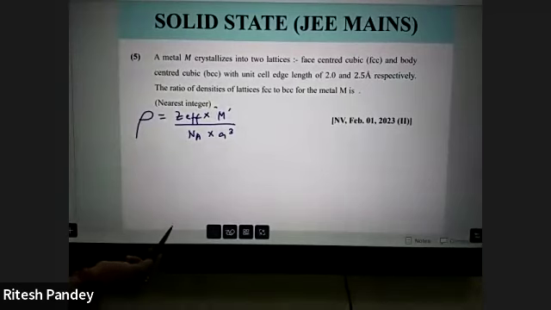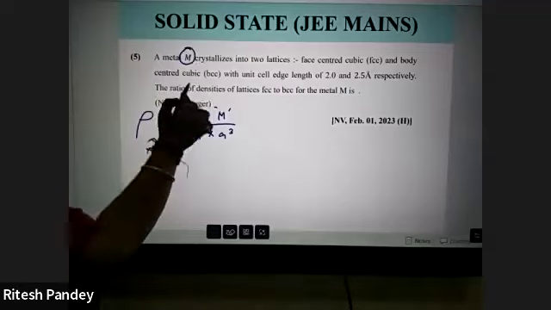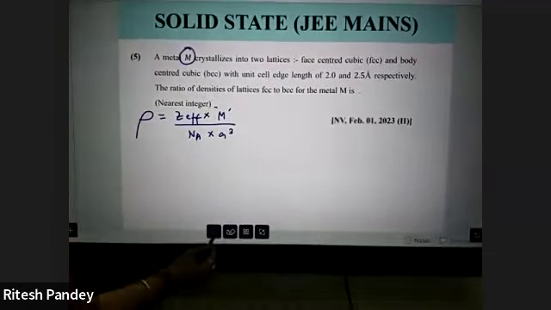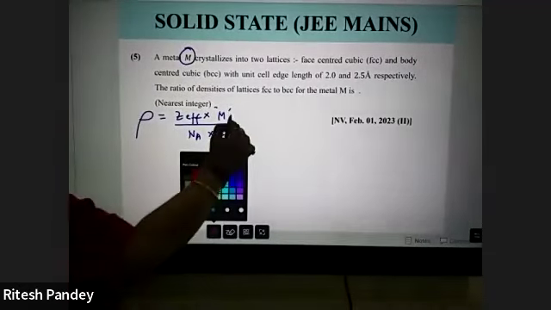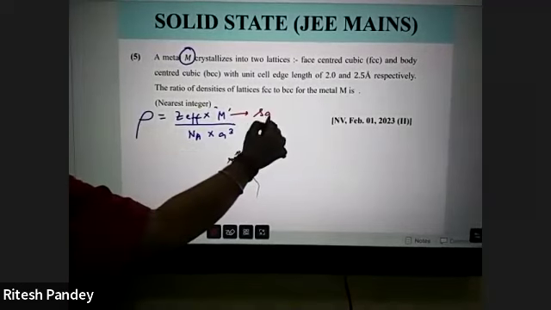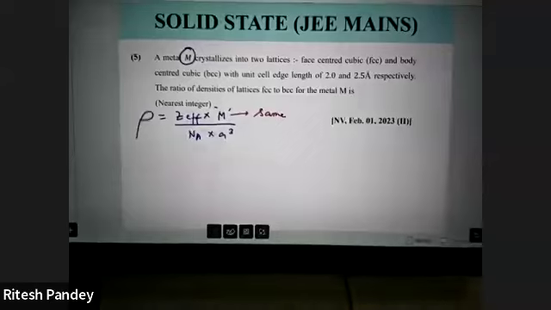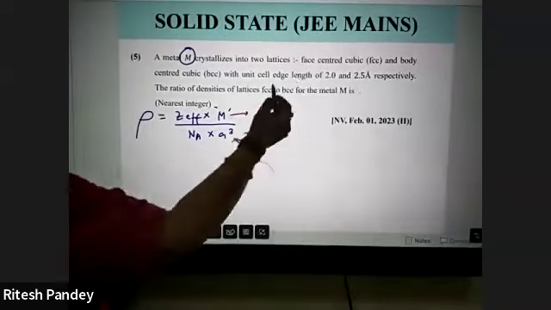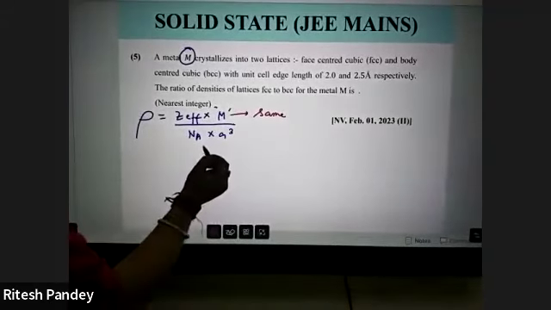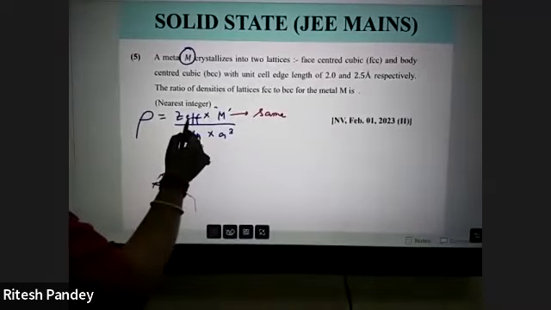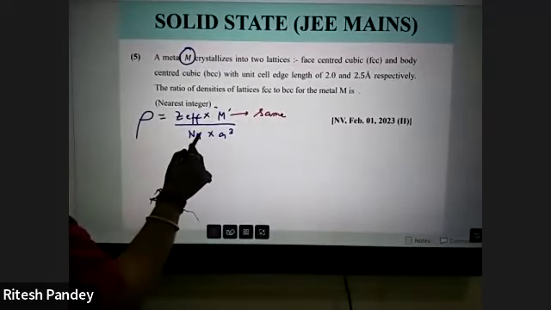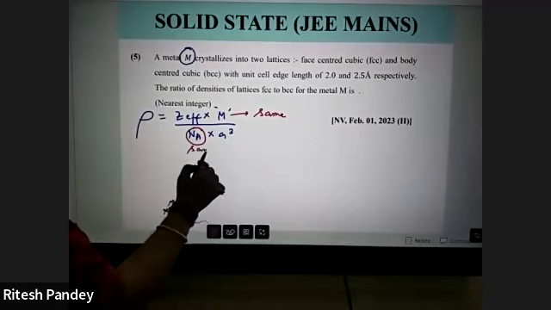Realize what's only going to change for the same metal having the same molecular mass. So I reckon this is understood. This is going to be the constant. This is going to be remaining the same. Naturally, I'll take the 2 unit edge lengths. The A would be different. FCC or BCC, the Z effective will be different. And yet again, NA would remain the same.